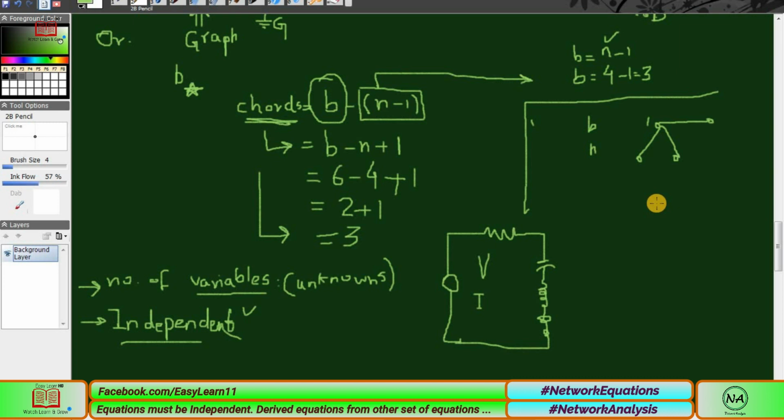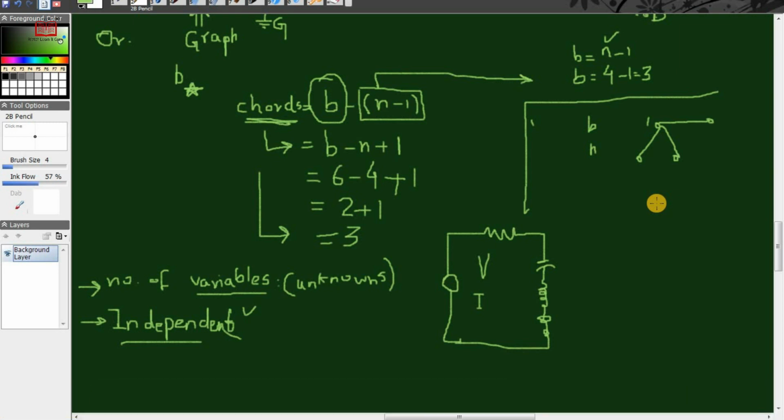If we have n nodes and b branches in any circuit excited by active elements, the response in the network needs to be seen. In this type of circuit, we need to know the branch voltages and the branch currents. These are the two things that we need to capture all the time.